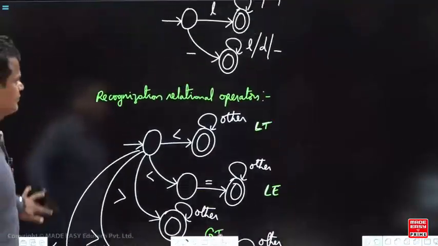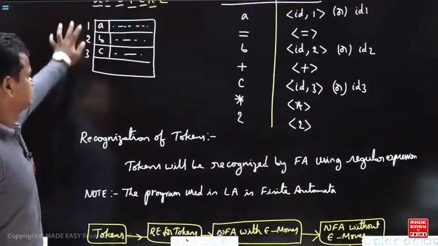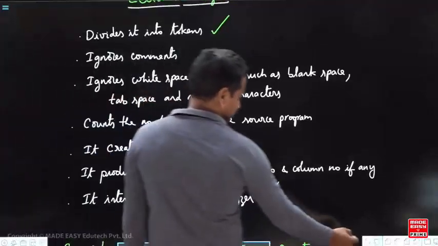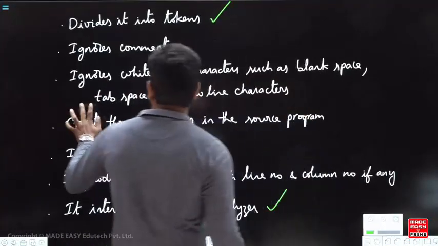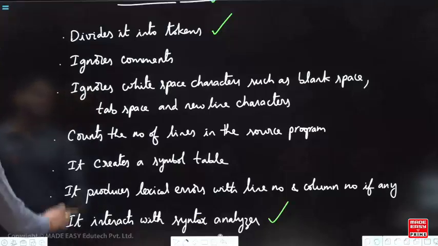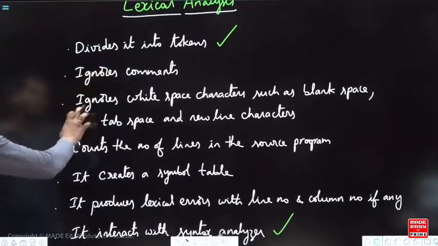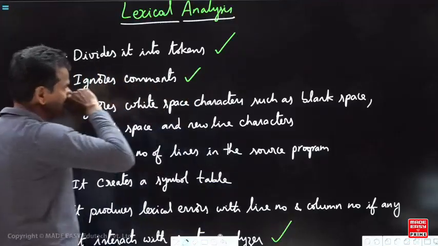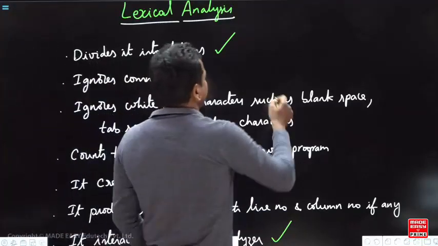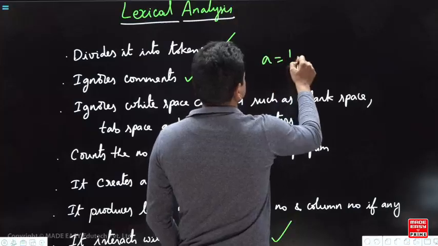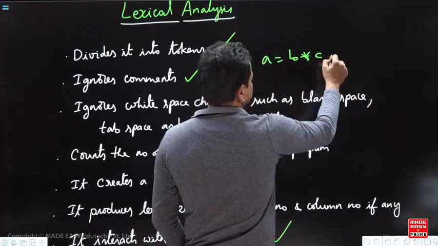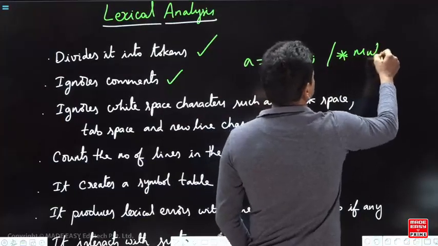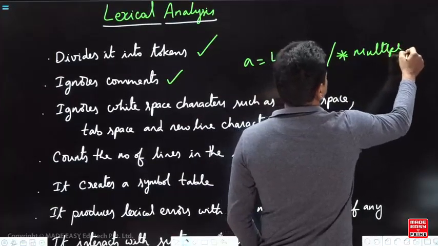Next. Divides it into tokens. This part is done. Ignores comments. Whenever you are writing a program, suppose there is a code and I wrote this statement. Here I write a comment to better understand, multiplying two numbers.